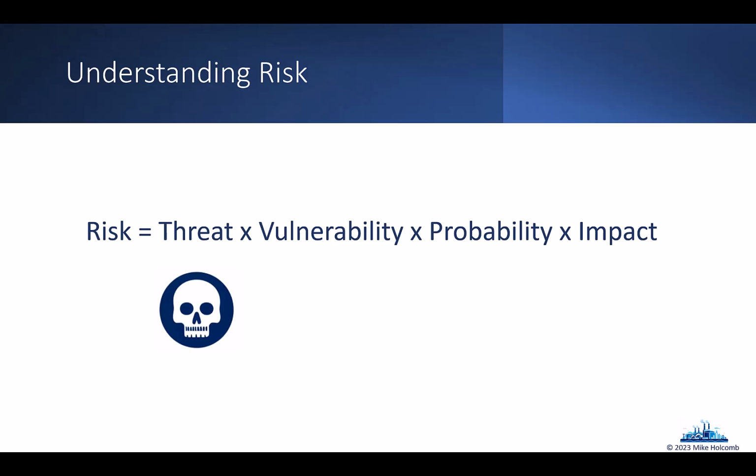The entity that's going to come and do us harm. In physical security, the threat might be a hurricane or a typhoon, depending on which side of the planet you live on, that's going to come right over your office or your house.